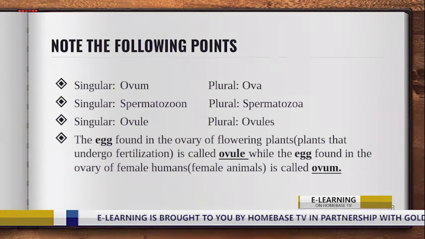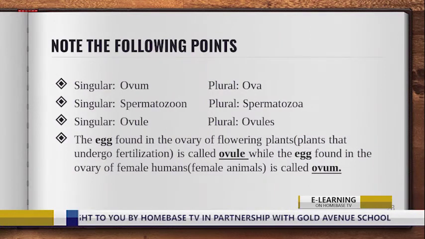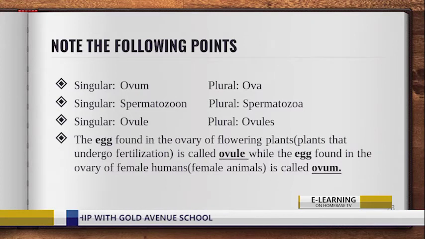Repeat it with me, ovule. While the egg found in the ovary of female humans, in brackets, female animals, higher animals, is called ovum. Repeat it with me, ovum.